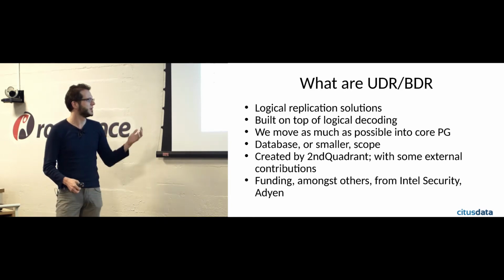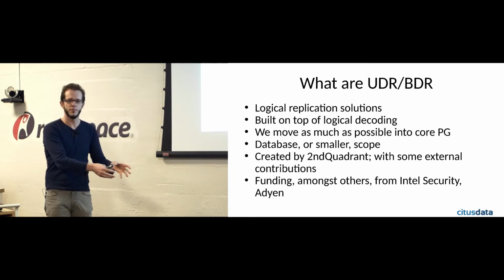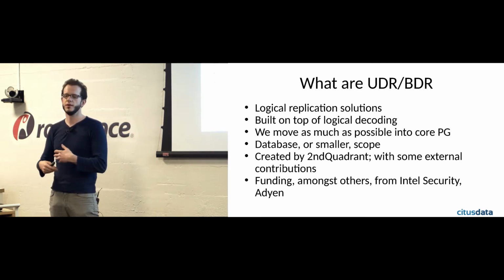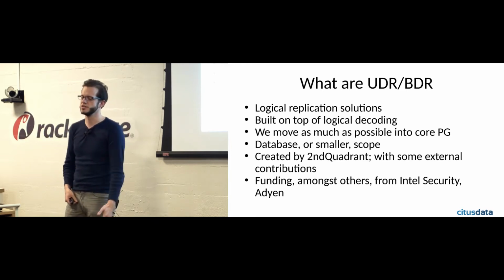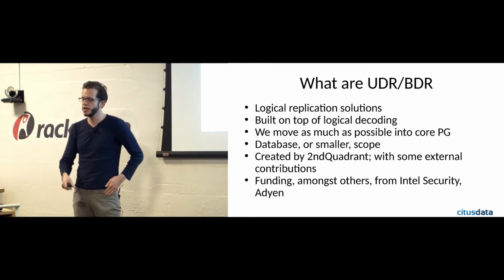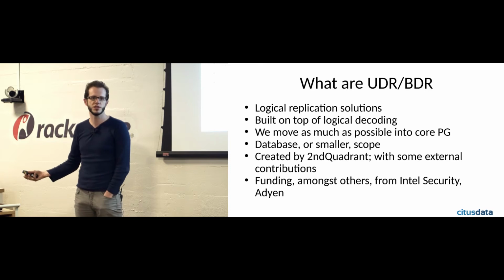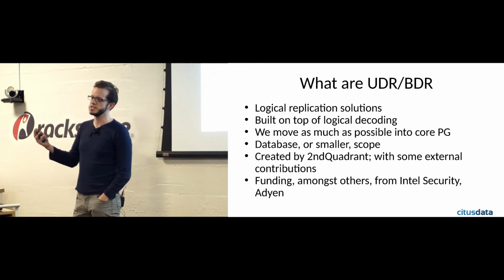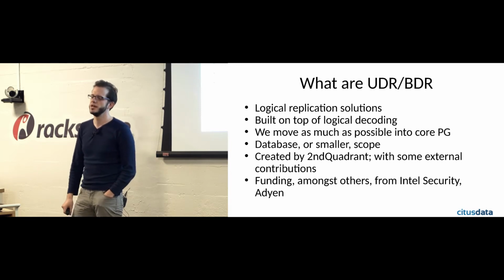So that's why we got some part into core and then built something out of core, and we are now integrating more and more features into core Postgres. In 9.5, we have a couple of efficiency features for replication, and we have the basis for DDL replication.